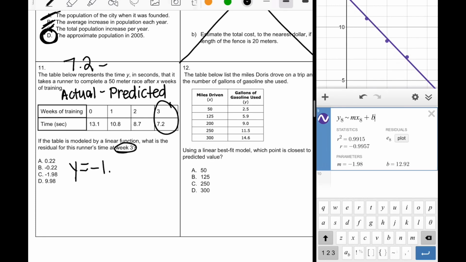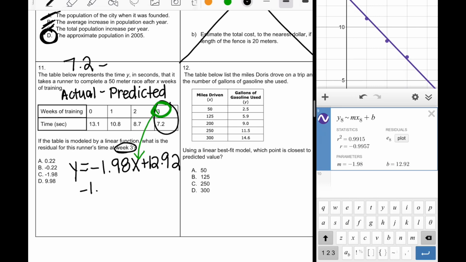So I have negative 1.98x plus 12.92. Now, we need to figure out our predicted amount. Well, we want to predict week 3. So to predict week 3, we're going to plug in that 3 for my x value.